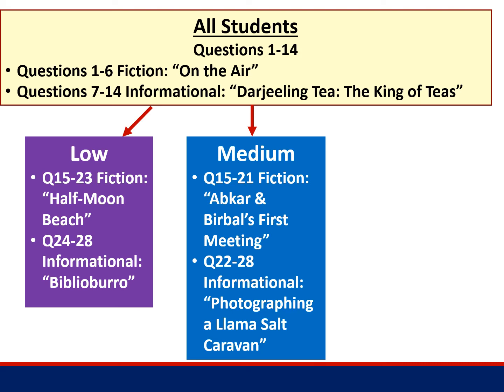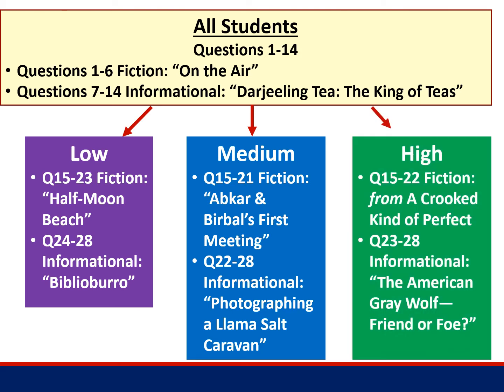Or some students may have been routed into the high. If they were routed into the high, they got another fiction piece, questions 15 through 22, from A Crooked Kind of Perfect. They got an informational piece as well for questions 23 through 28, and the title of that piece was The American Gray Wolf: Friend or Foe.